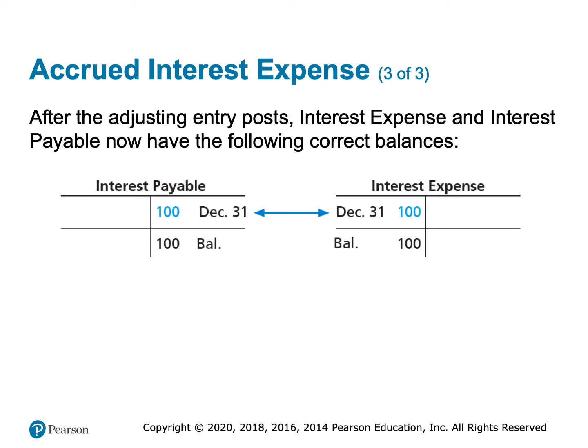Now, one thing I wanted to point out, notice that I don't credit note payable. The interest and the note are kept in separate accounts. So the note is just going to have the $60,000 of principal, and then the interest payable account is kind of like its partner account that shows how much interest has accrued on that.